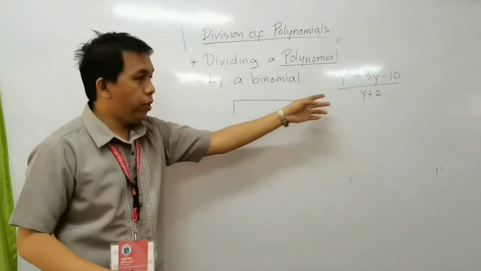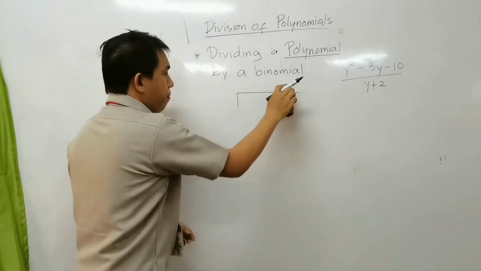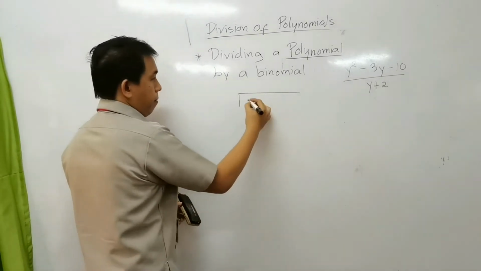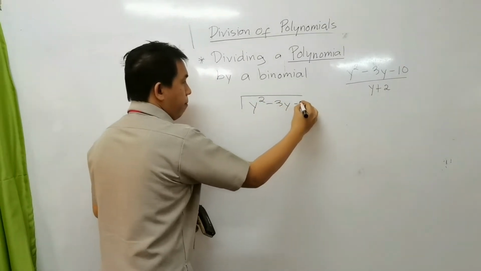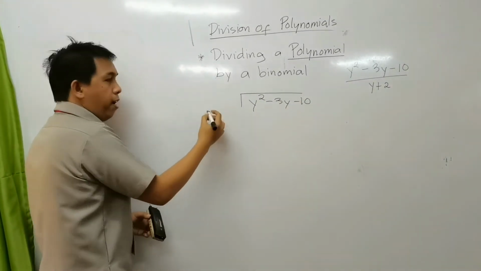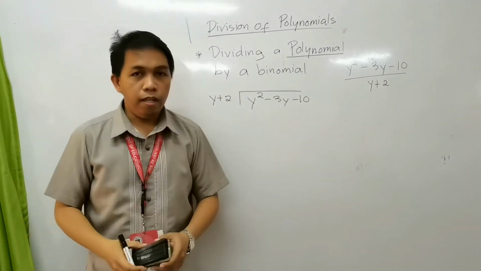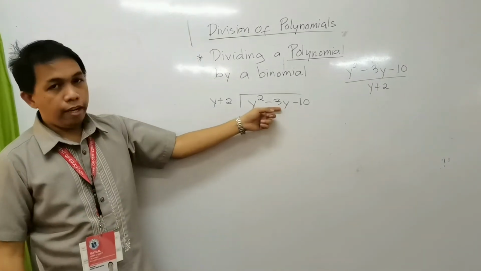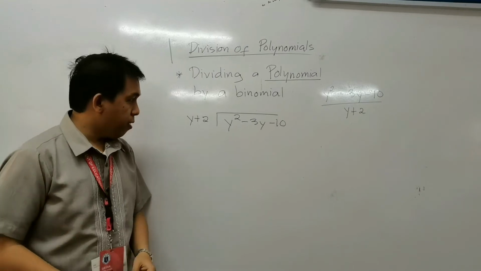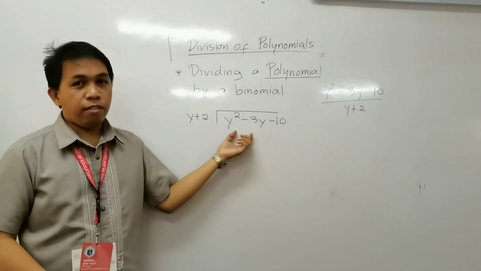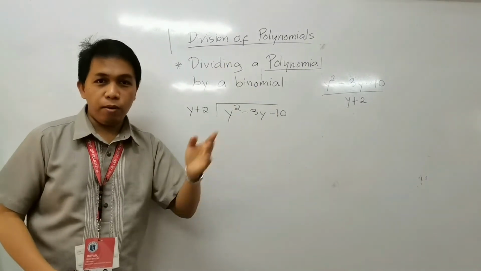So we'll transfer the problem here to our box. We have y squared minus 3y minus 10 divided by y plus 2. Again, this is our dividend and this is our divisor. First step is we need to arrange the dividend into descending order.